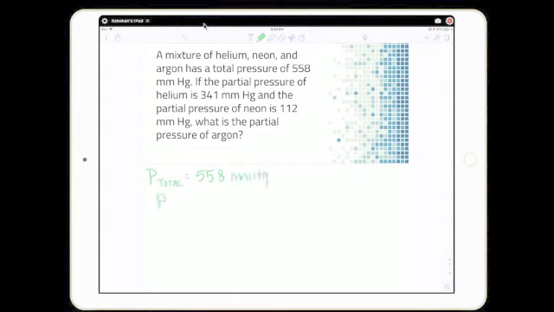Then they give us the partial pressure of helium. We write that P He, 341 millimeters of mercury. And the partial pressure of neon, P Ne, 112 millimeters of mercury. What's the partial pressure of argon?